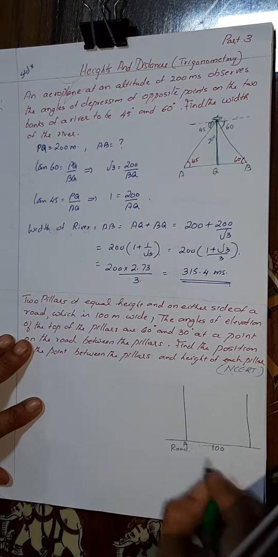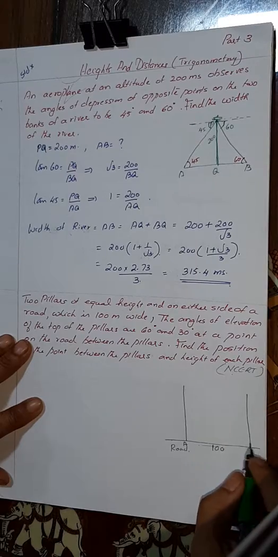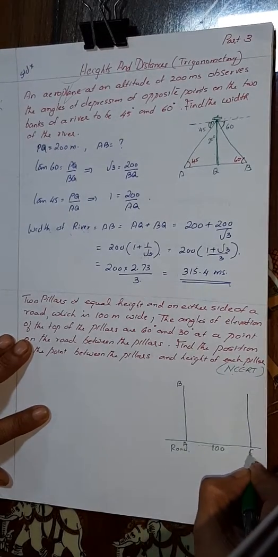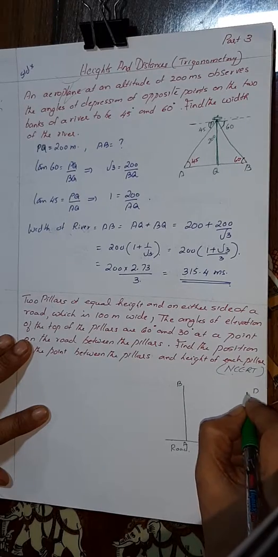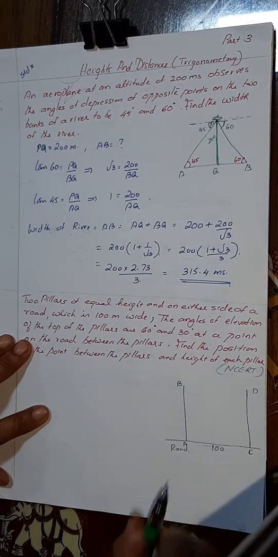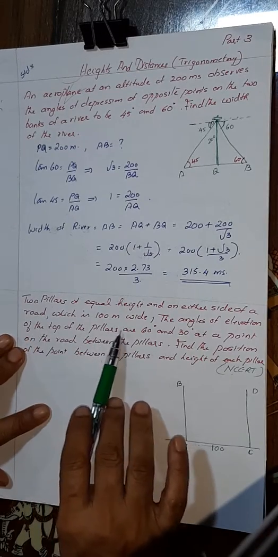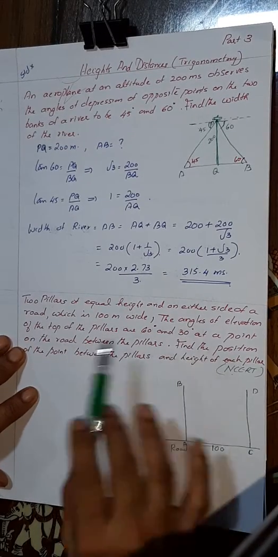So suppose this is A, B and C and D. The angle of elevation of the top of the pillars are 60 and 30 degrees at a point on the road.